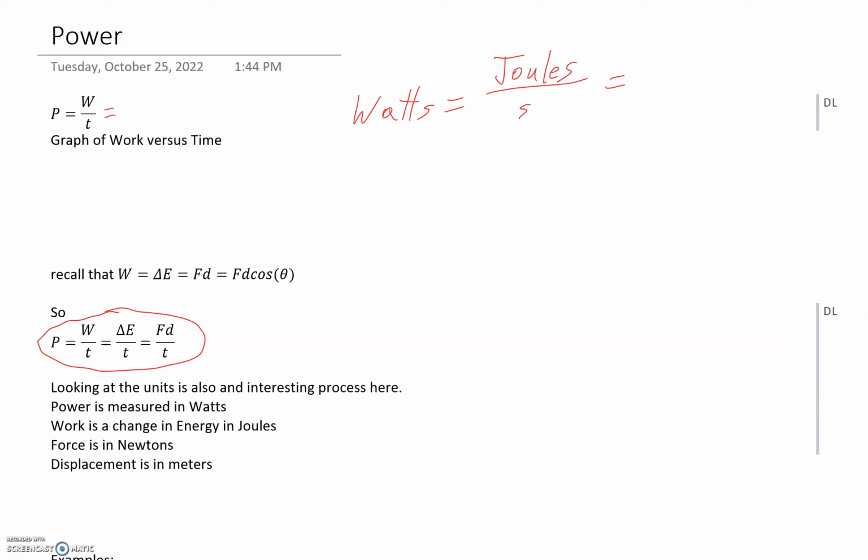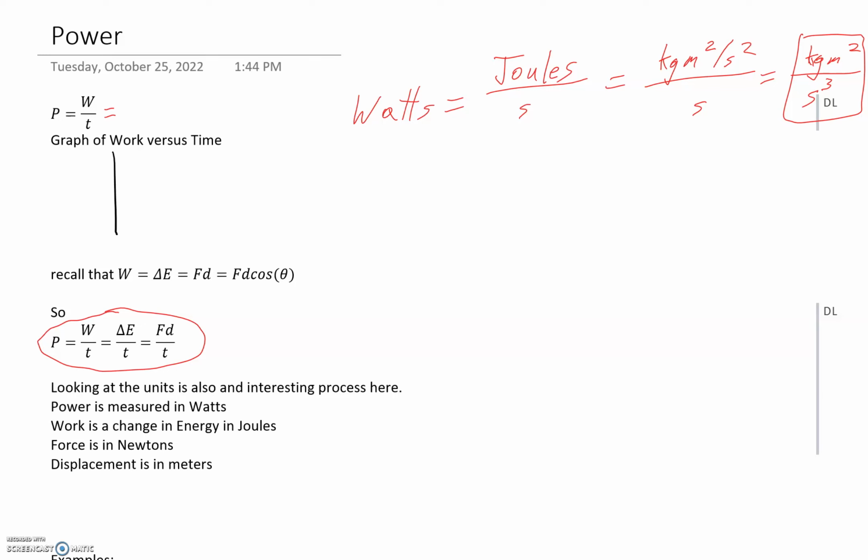And if we remember that joules were kilogram meters squared per second squared, and now we have it over seconds, we could also call this kilogram meters squared per second cubed. That is a watt. Kind of interesting.